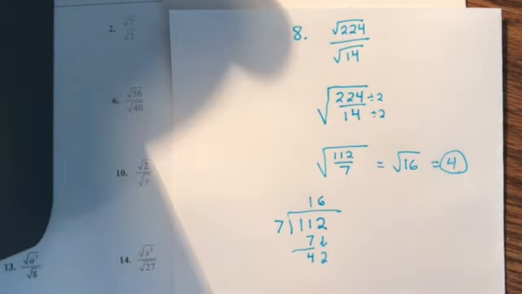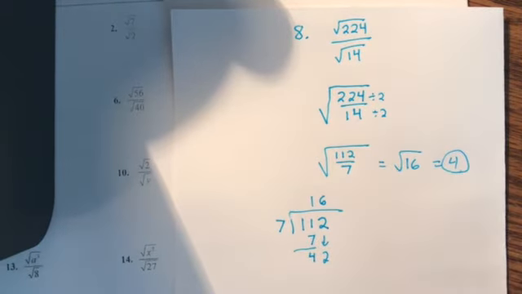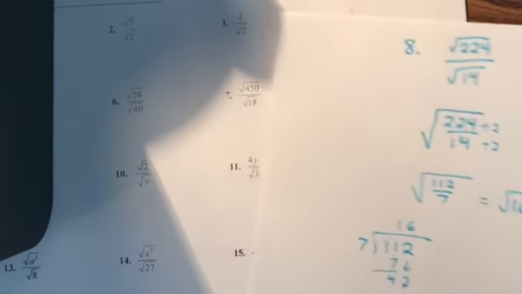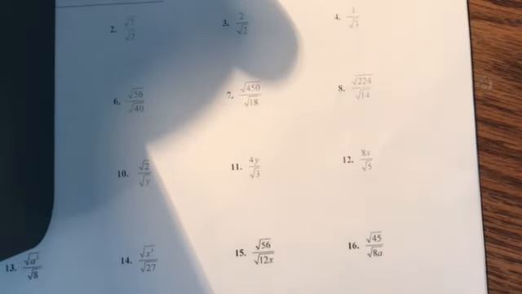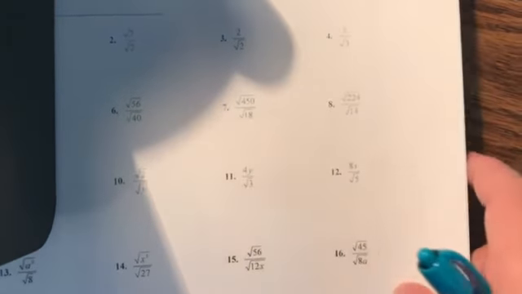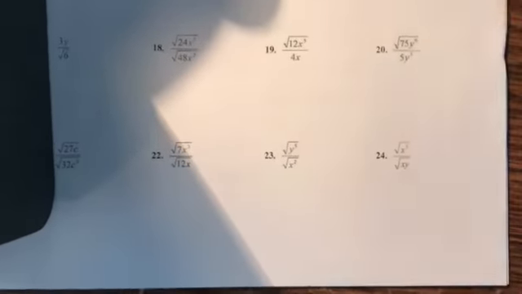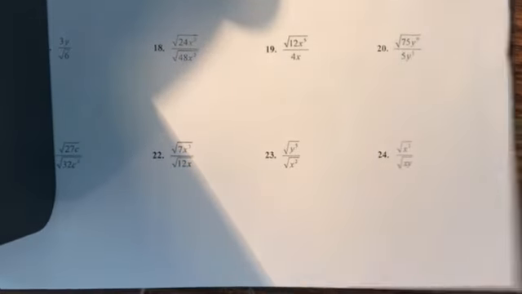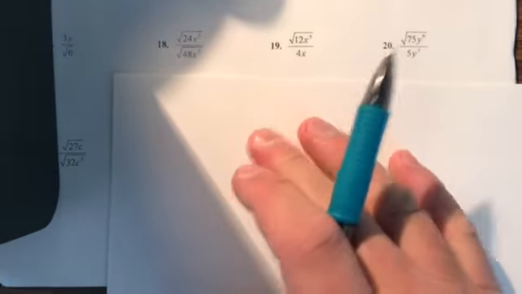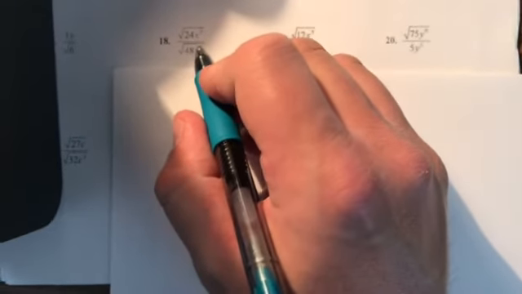Okay, I've got one more I'd like to look at today, and that would be problem number 18. The reason I'd like to look at 18 is they have some variables involved here.